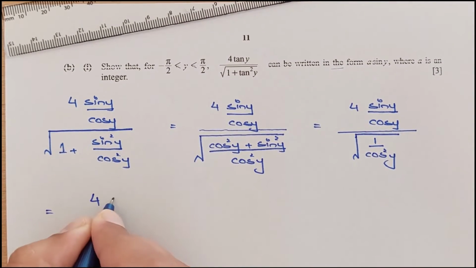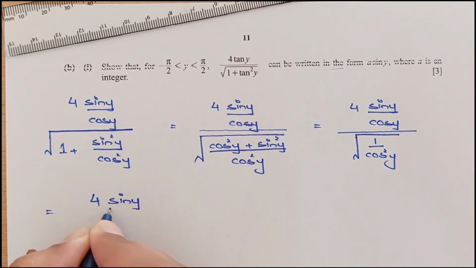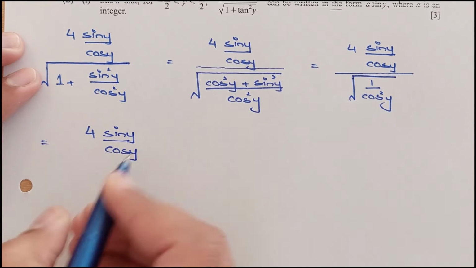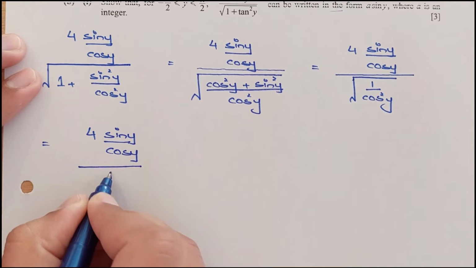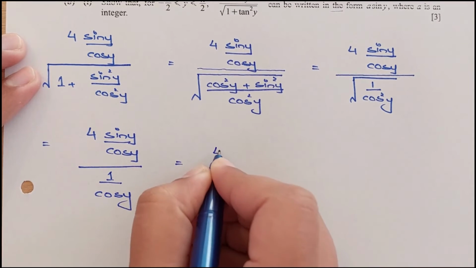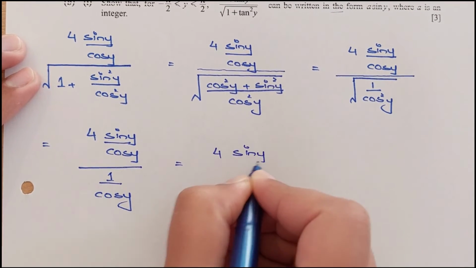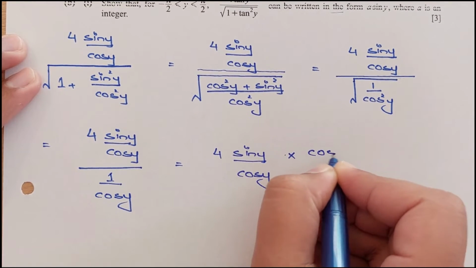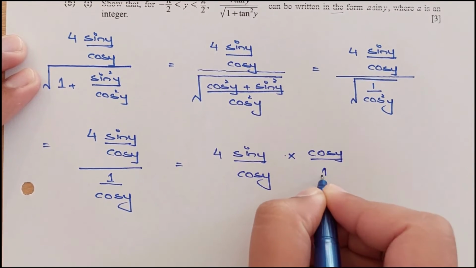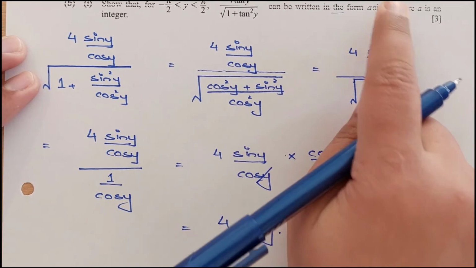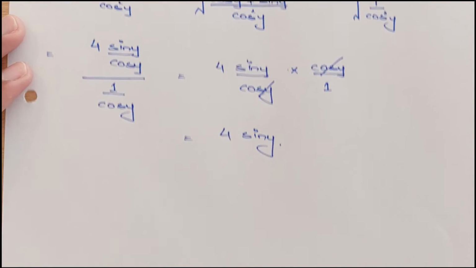So 4 sine y over cos y, and this whole thing divided by 1 by cos y. Doing a reciprocal, 4 sine y over cos y is multiplied by cos y over 1. Cancel the cos y and we have 4 sine y. This is a sine y and a is an integer, so a equals 4.